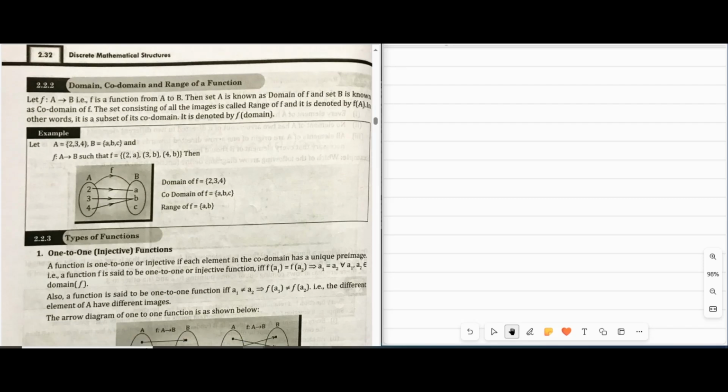Okay, so I have explained what is domain, range and codomain. Now we'll find it from the given diagram.